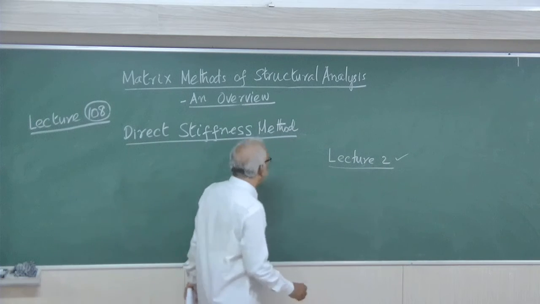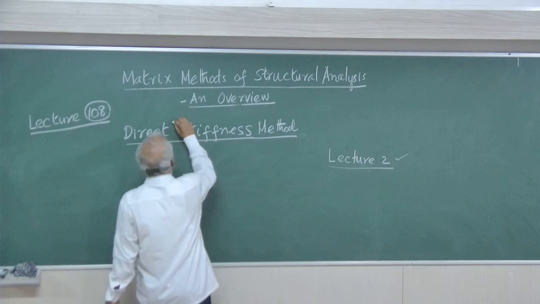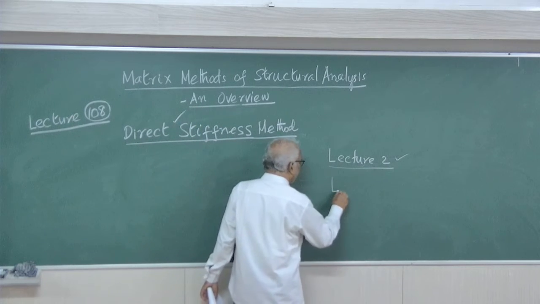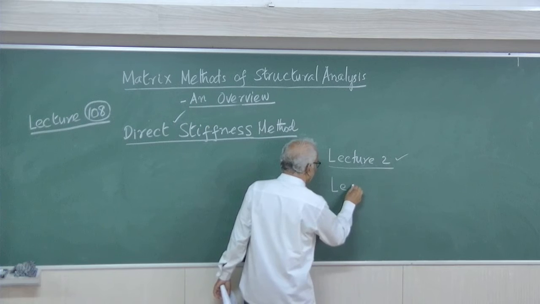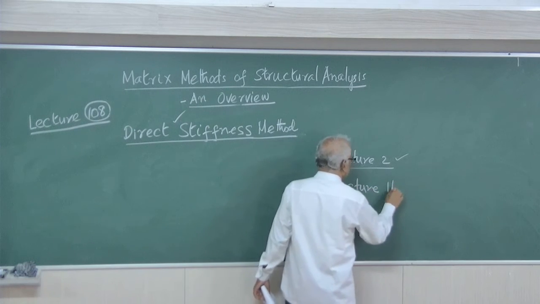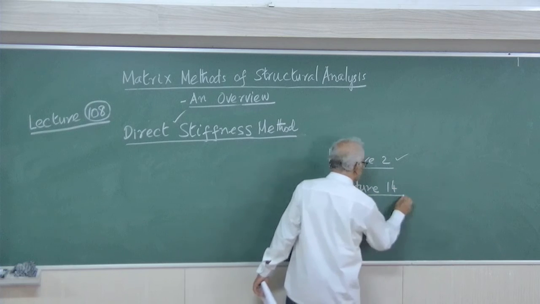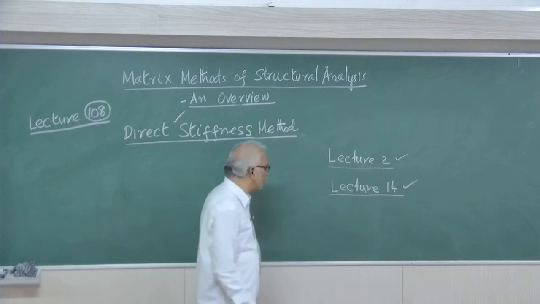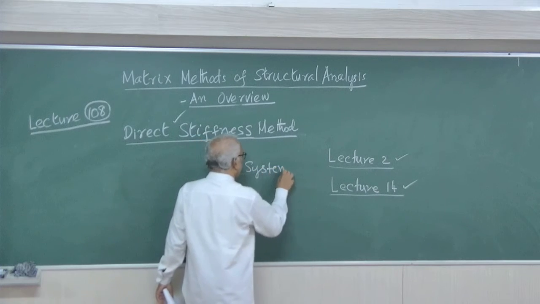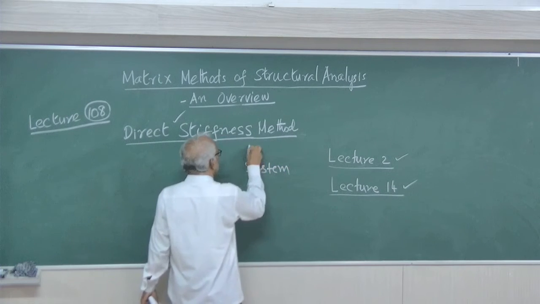And now we are going to introduce the direct stiffness method. Here again, for generating stiffness matrices for determinate structures, it is given in lecture number 14. That lecture is also common for the system approach and also the element approach.